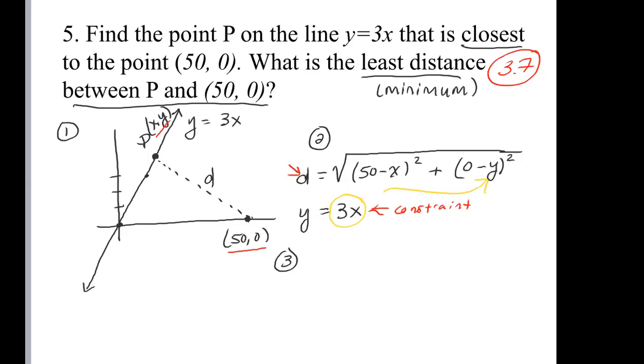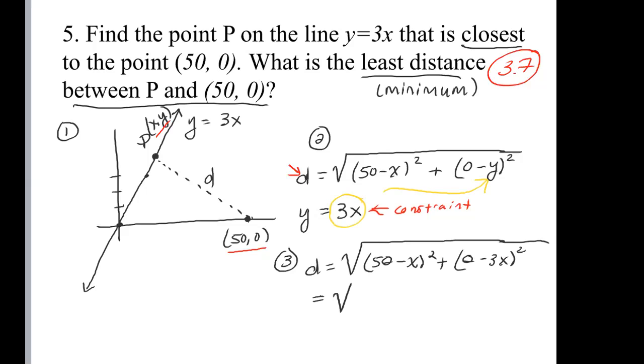So that gives me d, the thing I want to minimize, is equal to the square root of (50 minus x) squared plus (0 minus 3x) squared. I can simplify.